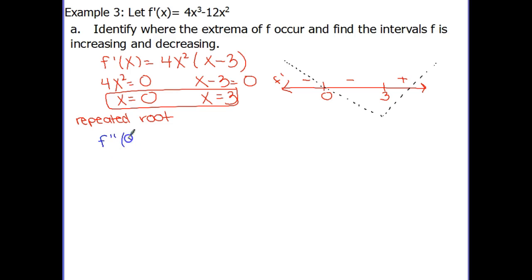Okay, F double prime. Derivative of 4x cubed. 12x squared minus 24x.